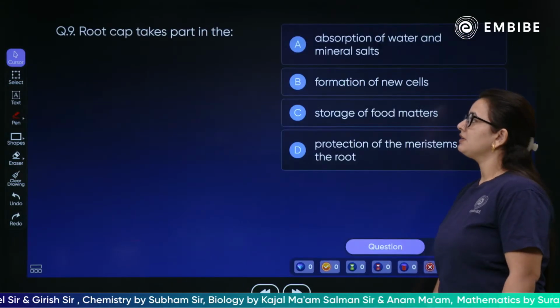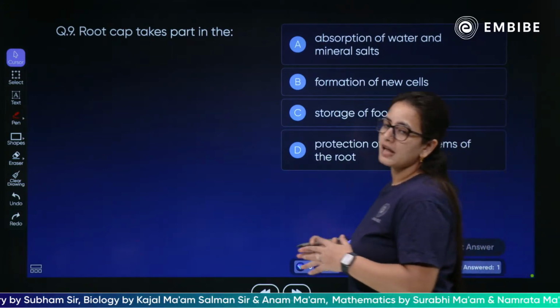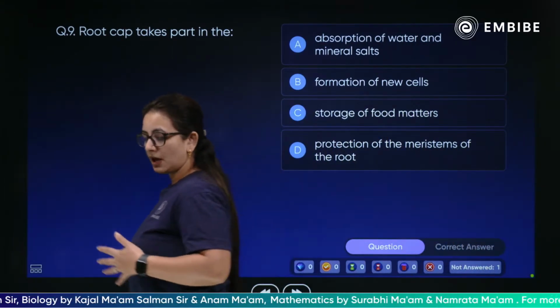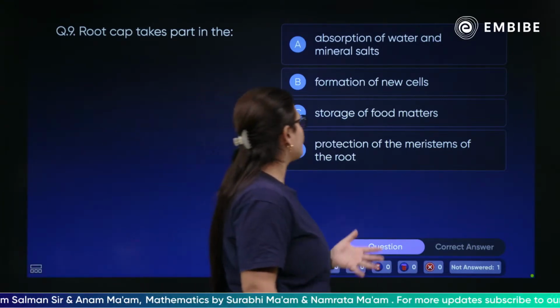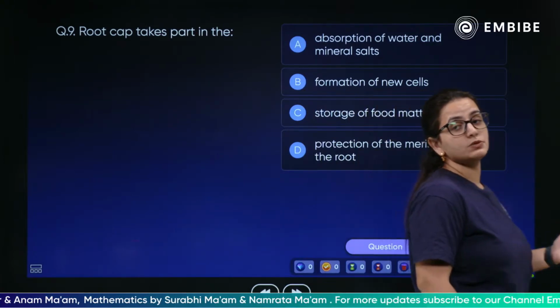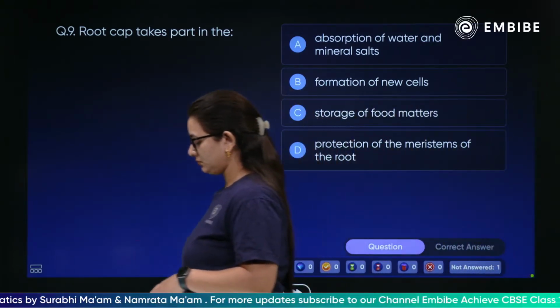Next, what is the function of the root cap? It takes part in the absorption of water or mineral salts, formation of new cells, storage of food matter, protection of the meristem.